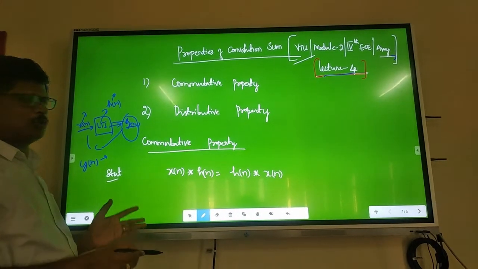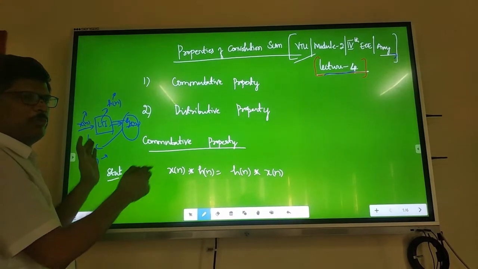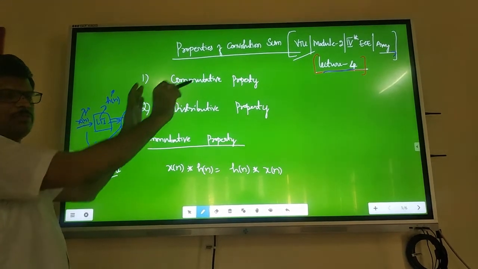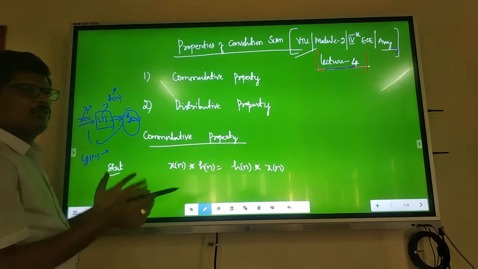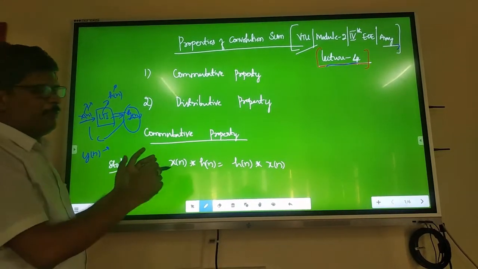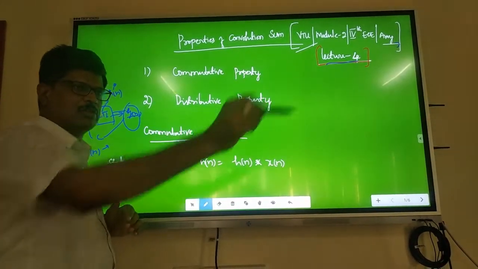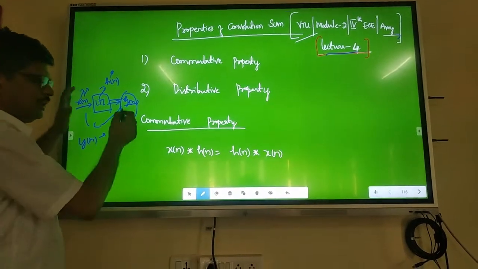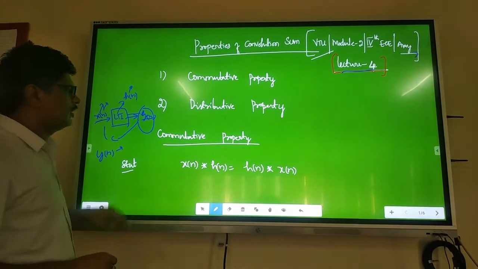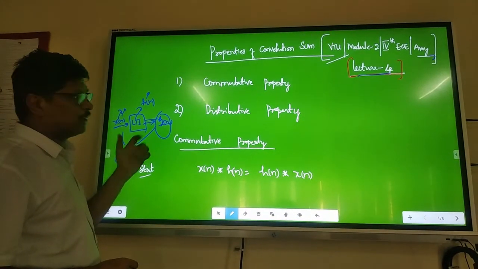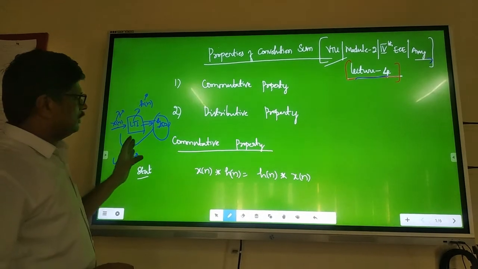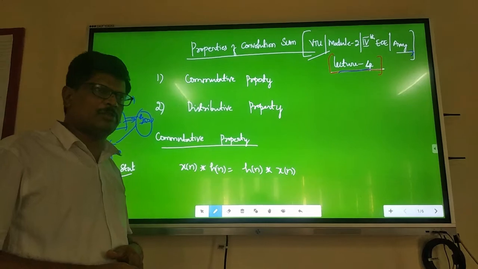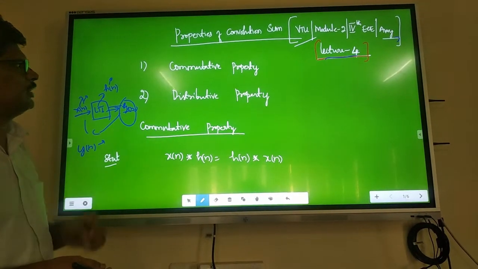The second method is the multiplication method, giving 2 sequences x of n and h of n, and calculating the output. The third method is the tabular column method, by which within a minute we can check the output of LTI systems or convolution sum. All 3 methods give flexibility in analyzing signals.